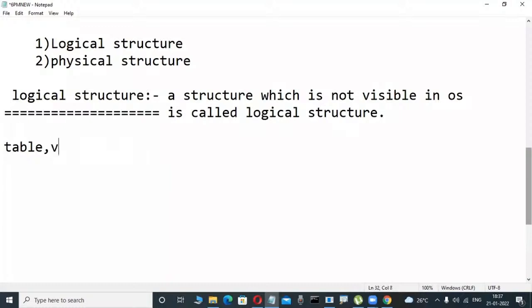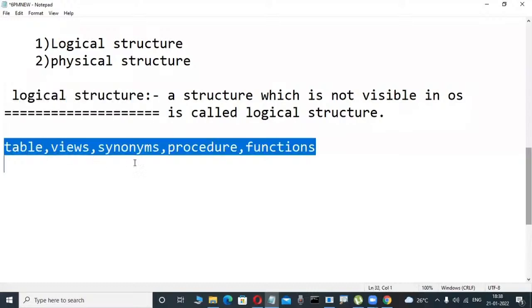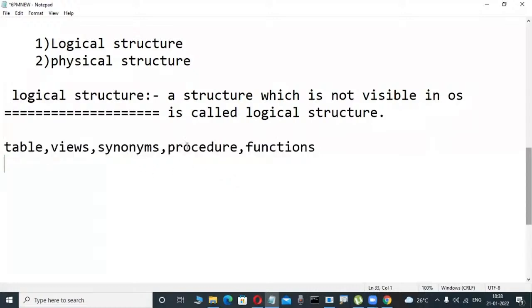Views are there, synonyms are there, indexes are there. These are all database objects. Procedures, functions, triggers, packages, so many things. These are all logical structure, not visible in the operating system.